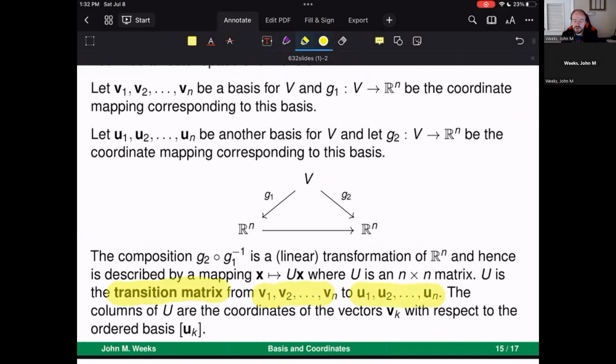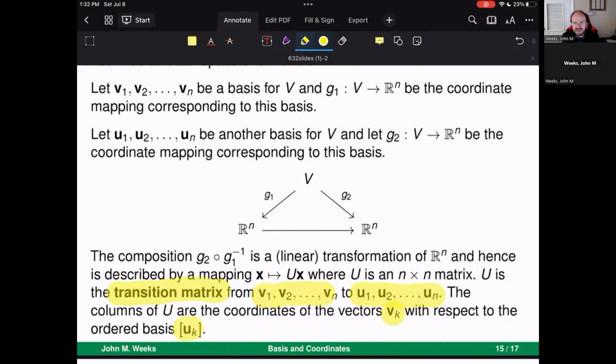The columns of U this time, though, are going to be the coordinates of the vectors vk with respect to the ordered basis uk. This is different because our previous transition matrices always started from a standard basis E1 through En. The reason we don't get to do that this time is that I don't know if V even has a standard basis. What is the standard basis for an arbitrary vector space? I don't know. Because of this, we need to work with these in terms of their transition matrices.